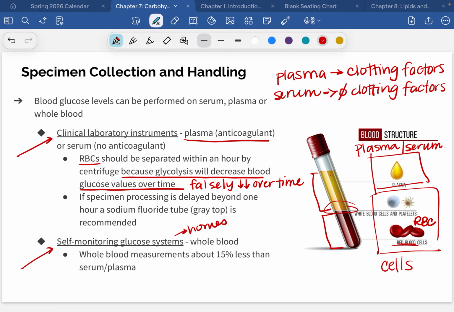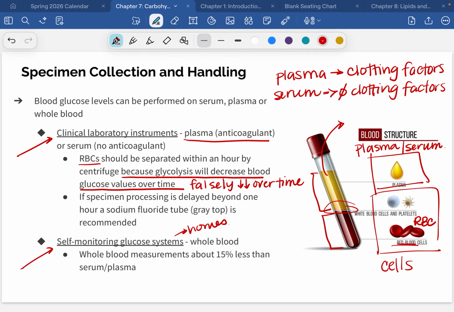And then this plasma can be pulled off using just a pipette or something else. So they either need to be separated using a centrifuge, or a lot of times if a doctor's office doesn't have a lab, they're not going to have a centrifuge either.